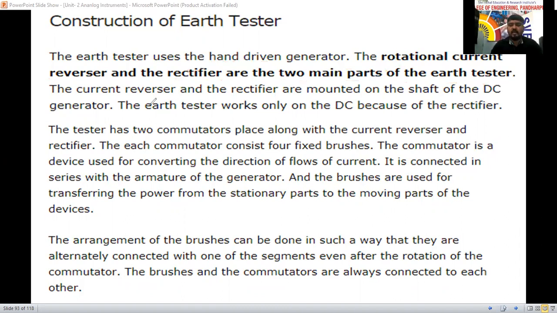So this consists of rotational current reverser and the rectifiers.